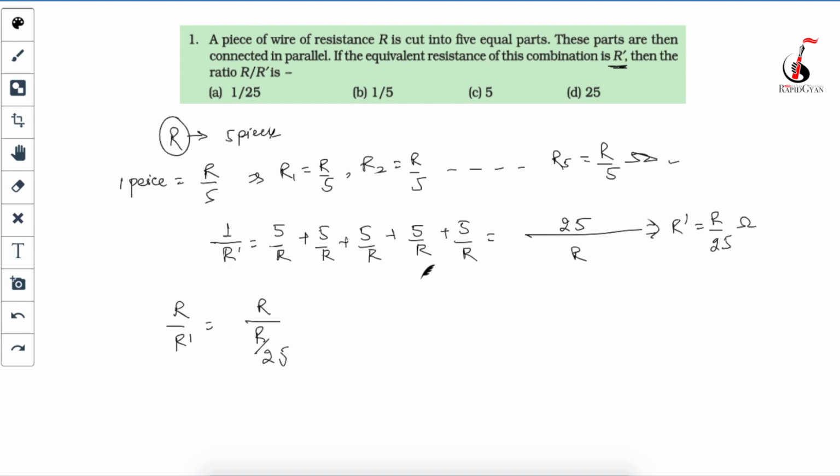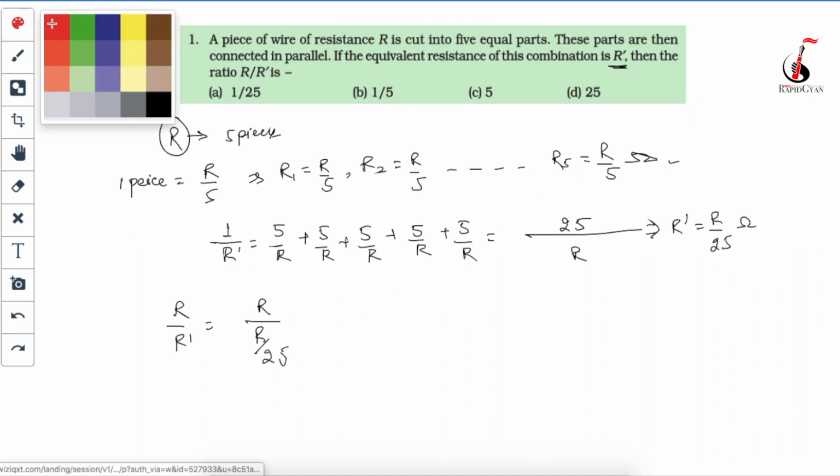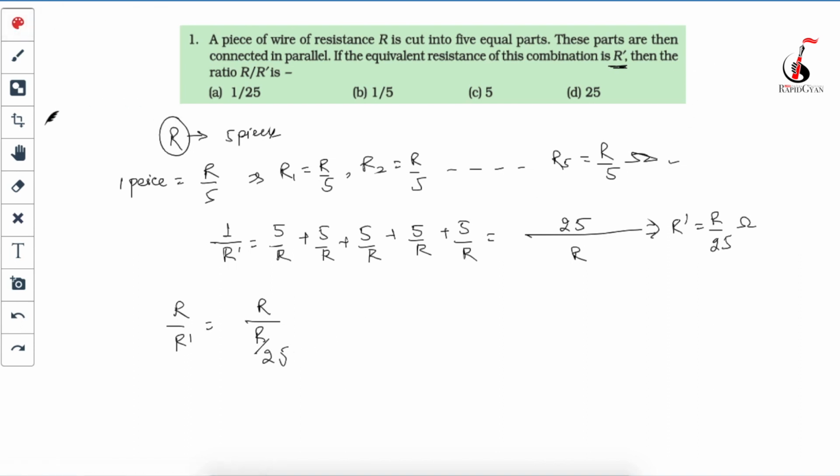If you remember, I have told you one property in my previous maths video, and I guess in the electricity chapter also I have explained that property: if any number a is divided by a fraction b upon c, then c will go on top and b will remain in the denominator, so this will become a multiplied by c upon b. But if it's like a upon b upon c, then b will come down and this will become a upon b multiplied by c.